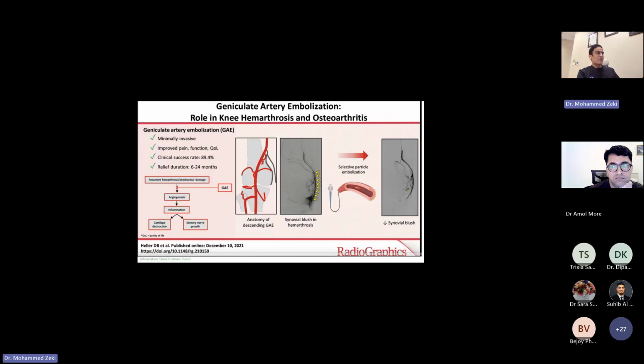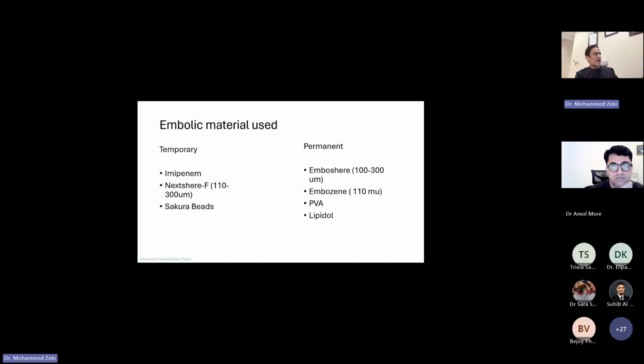It's not only of benefit for patients with osteoarthritis. It has also been reported to be beneficial for patients with hemoarthrosis. I've done one patient with hemoarthrosis embolization. What embolic material do we use? As I showed you, there are two types of embolic material. The temporary one is imipenem cilastatin.